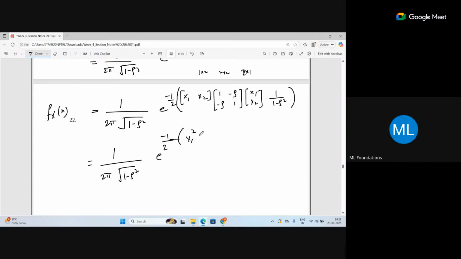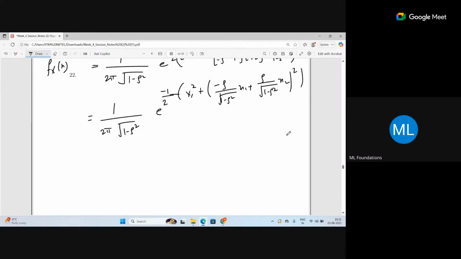It is x1 square plus minus of rho upon root of 1 minus rho square x1 plus rho by root of 1 minus rho square x2. Fine. That's how it gets, and the square of this term you will get.